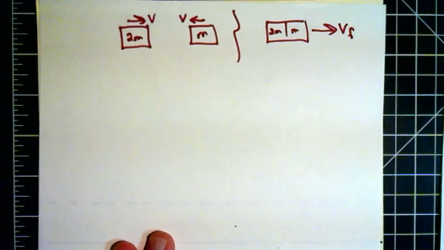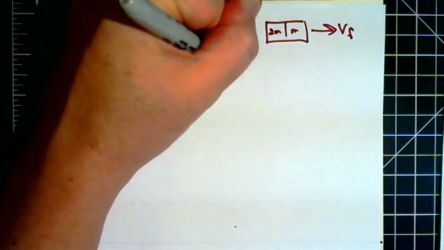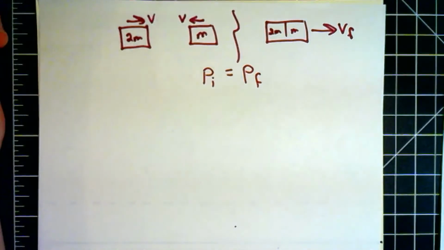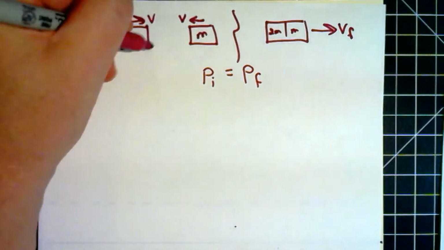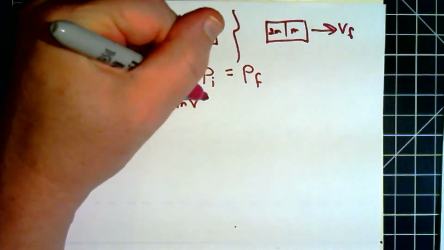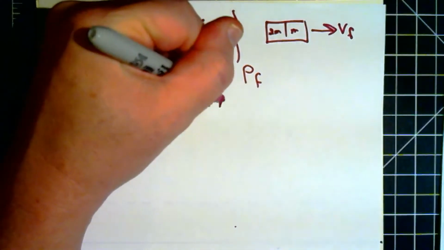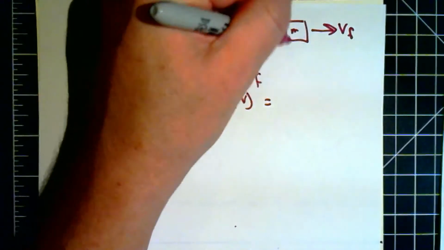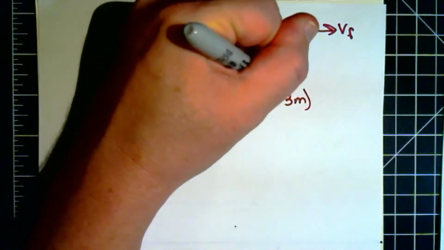When we set up a conservation of momentum problem, we just say P initial is equal to P final of the system. Initially you would have 2m times a positive v, plus a single m times a negative v, is equal to 3m times v final.